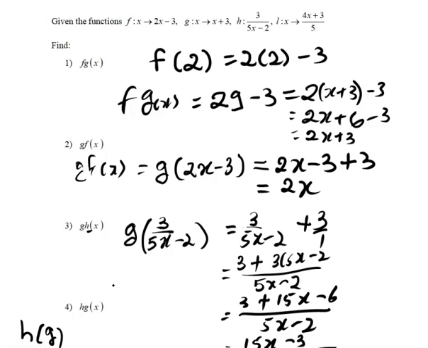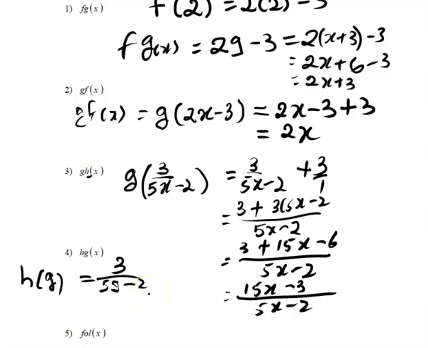Our h is 3 over 5x minus 2. So what are we going to do? Okay, I'll take 3. Where is x? x is at the denominator. I will substitute g there. 5g minus 2. That is it.